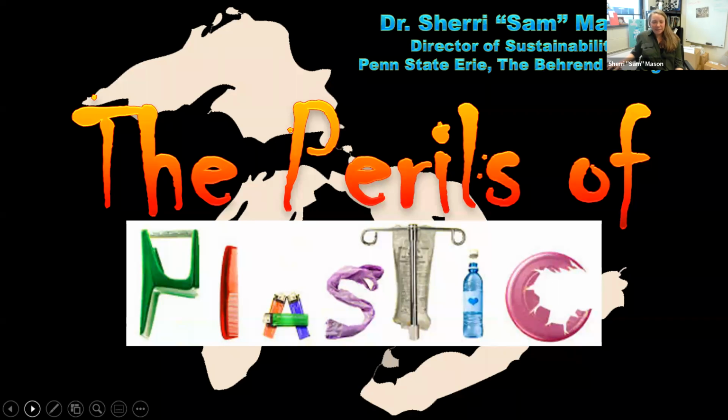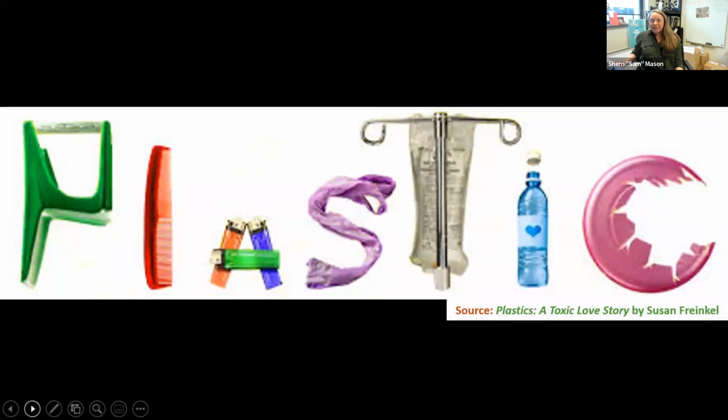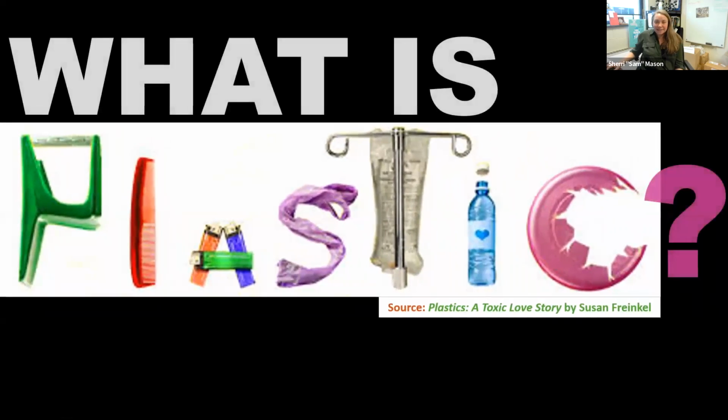And really excited to see more and more outreach and education materials around this topic. So, as the curricula does, I'm going to start with this basic question: what exactly is plastic?